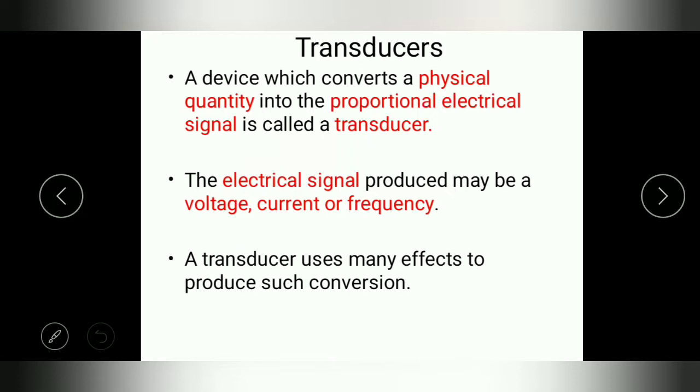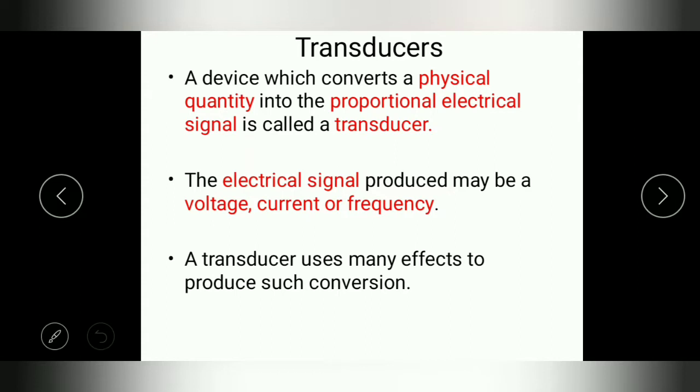So that's the purpose of a transducer. A transducer is a device which converts a physical quantity into a proportional electrical signal. The electrical signal produced may be voltage, current or frequency. The transducer uses many effects to produce such conversion.